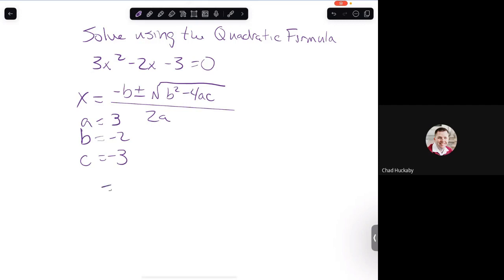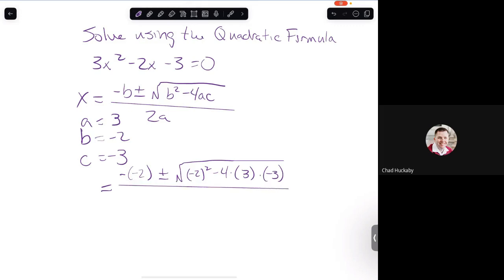So x is equal to the negative of -2 plus or minus the square root of -2 squared minus 4 times 3 times -3. Extend that out, all over 2 times 3.